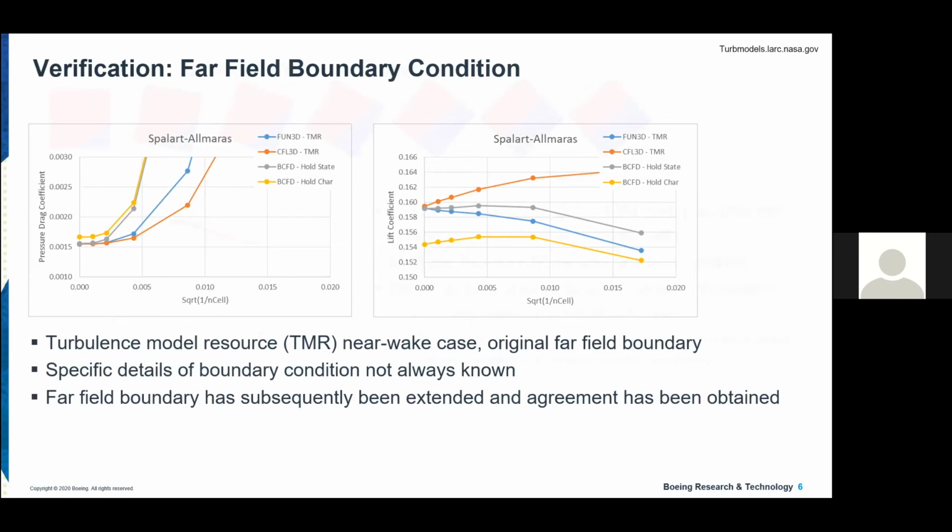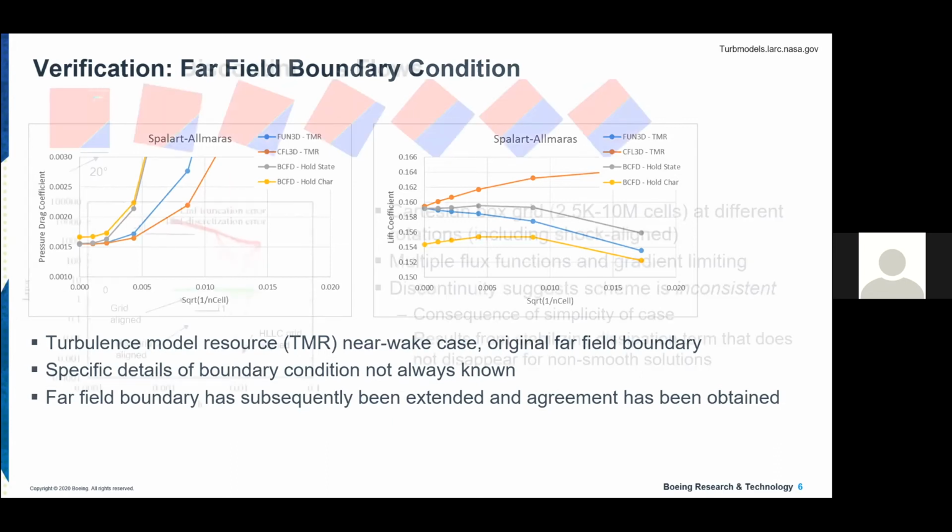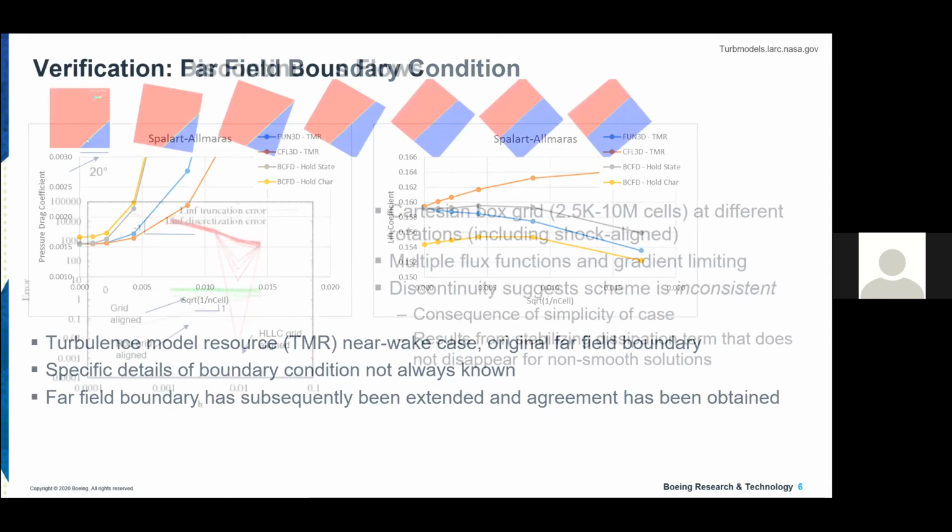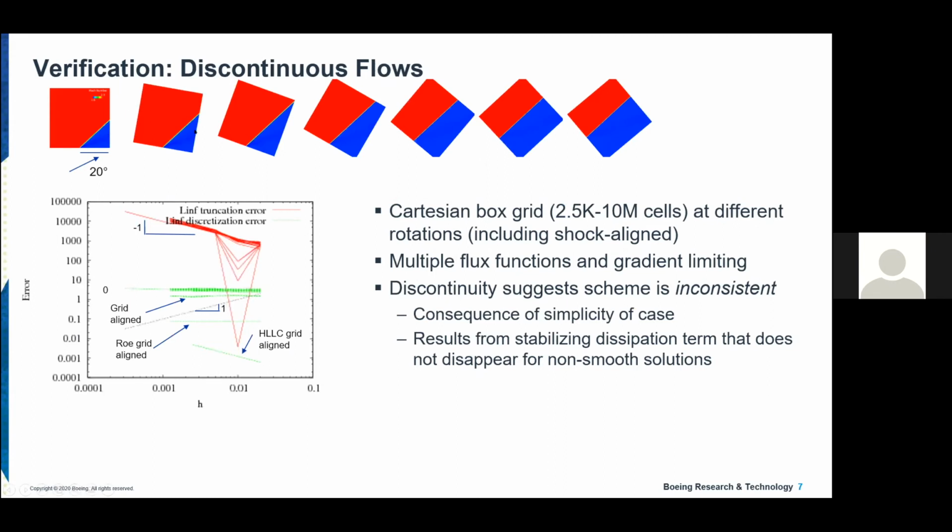Another case is now looking at the interior scheme. I generated an oblique shock for a supersonic flow, and went through a variety of different rotations of this grid, looking at how the scheme represented things under these different rotations.